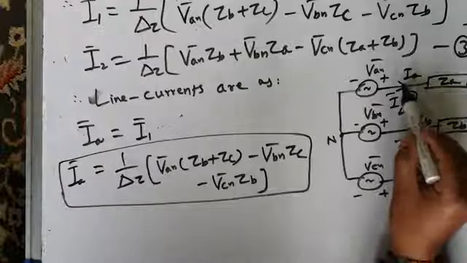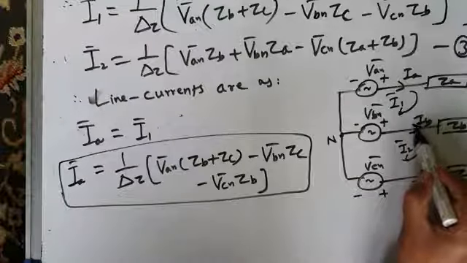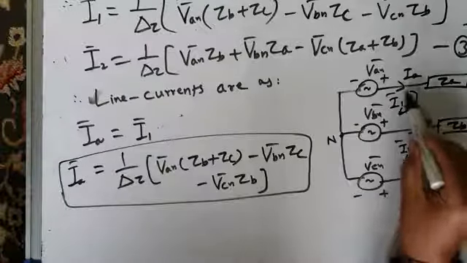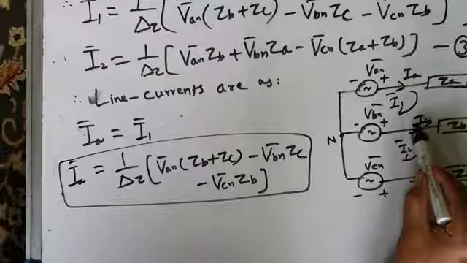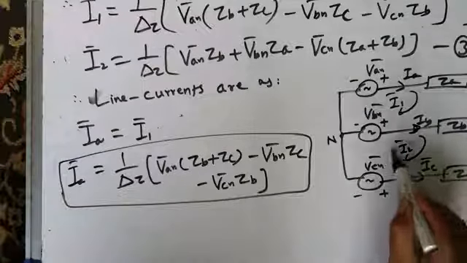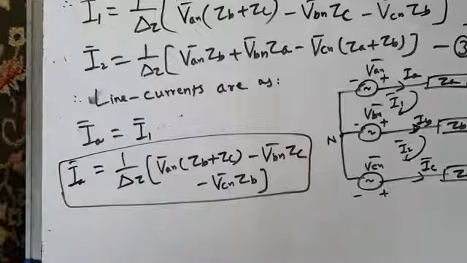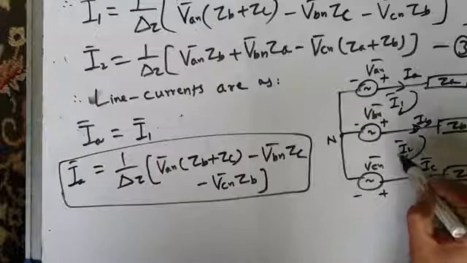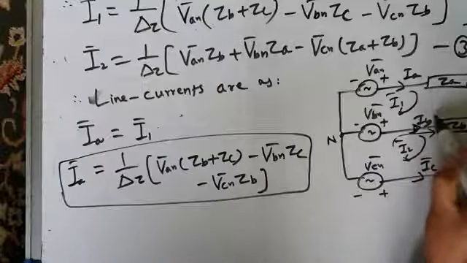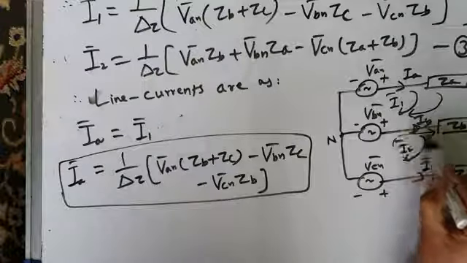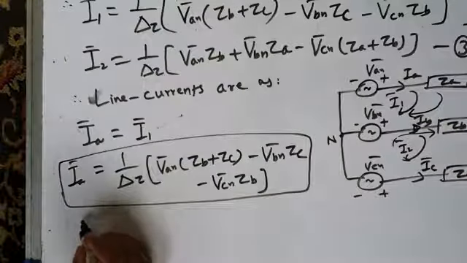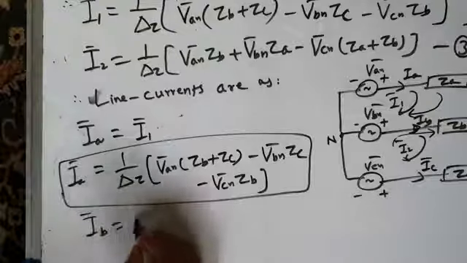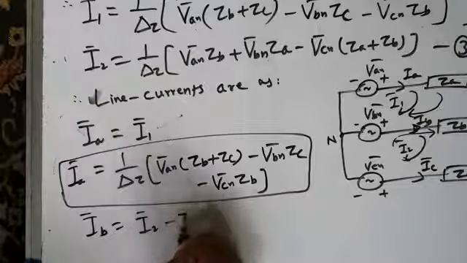So once you know line current IA, what will be line current IB? Now this line current IB in terms of mesh currents will be I1 minus I2, or I2 minus I1, because I2 is in this direction and I1 is in this direction. So it is I2 minus I1. So similarly, line current IB is equal to I2 minus I1.